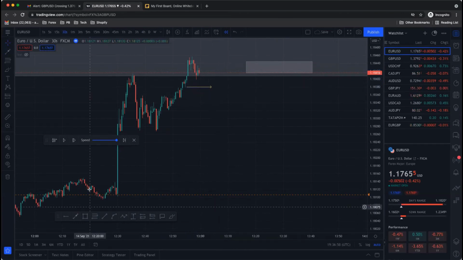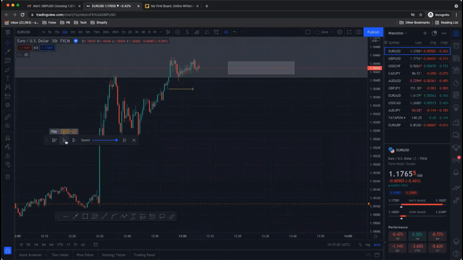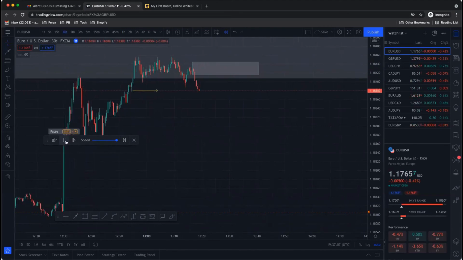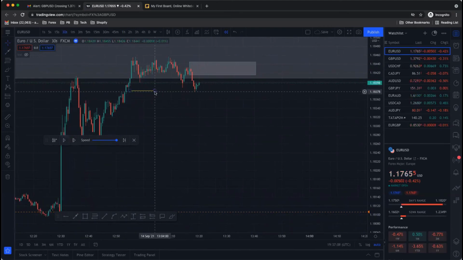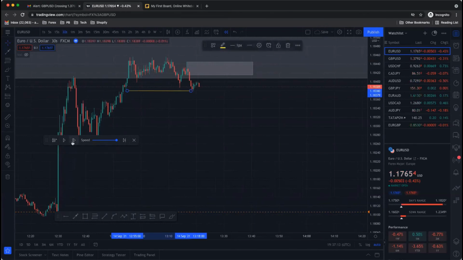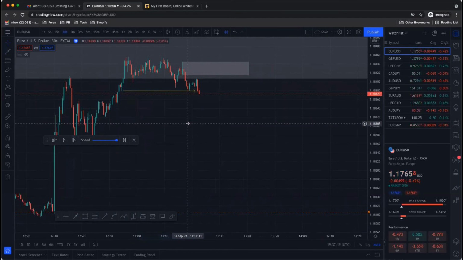All right, now let's go. Did he break it? No. So here is the first break, and we want to see one more break from this low.